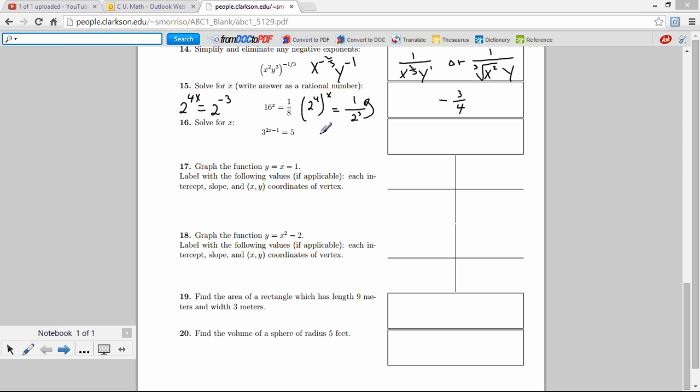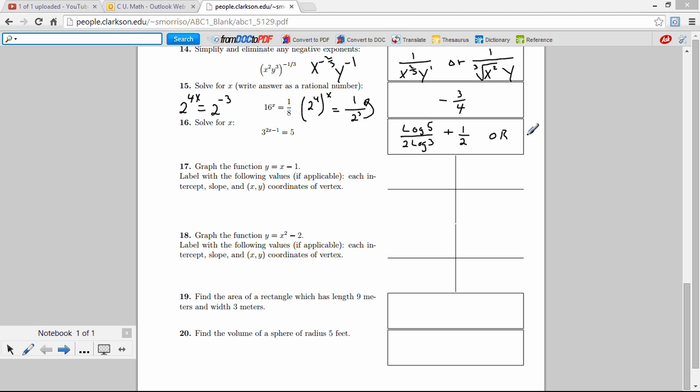Number 16 has to be done by way of logs, and your solution could have been one of a couple things. You could have had log 5 divided by 2 log 3, and plus 1/2. Okay, so there's your solution for x.